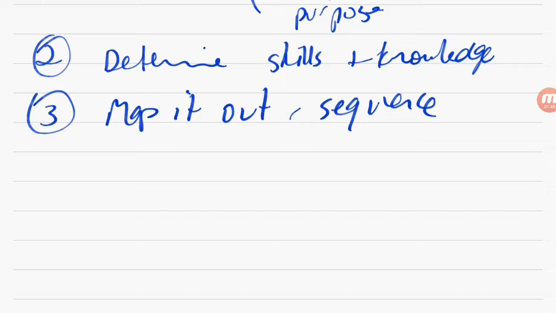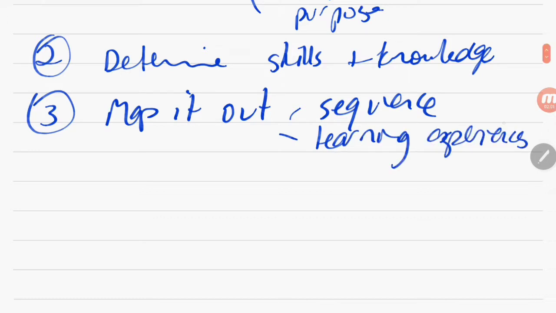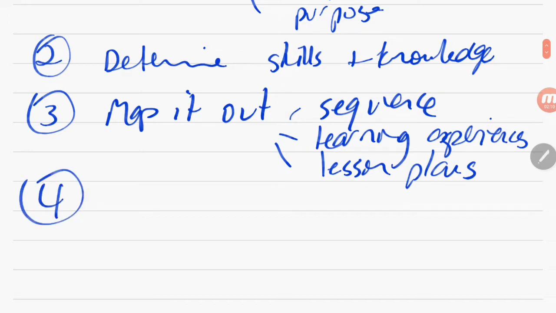So once we've got a sequence, we can then develop some learning experiences. Which then go into lesson plans. Okay, once we've done that, we really need to go back to the source, back to the principles or guidelines that we need to be working with, and that's the Australian curriculum.